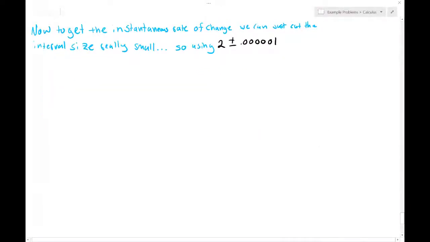To get the instantaneous rate of change, we just keep repeating this process, so now we'll take an interval size that's really small, using 2 plus or minus 0.000001.